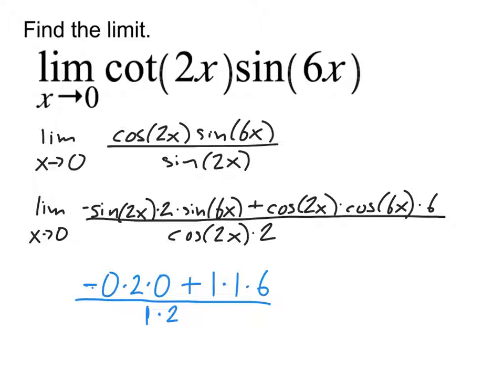Well, at least we know it's not going to give us 0 over 0 this time. On the top, if I add all those up together, I end up getting a 6. On the bottom, I end up getting a 2. And 6 over 2, of course, equals 3. Which then is our final answer. So for this one, as x is approaching 0, we're approaching a y value of 3.